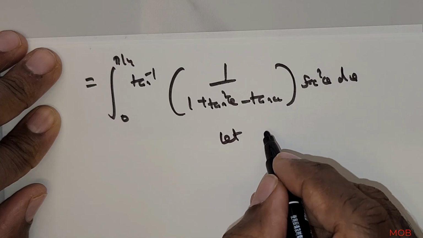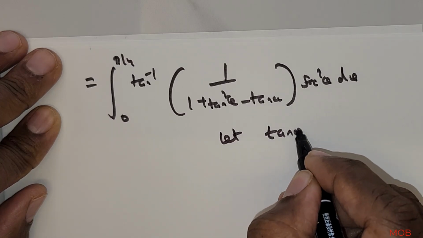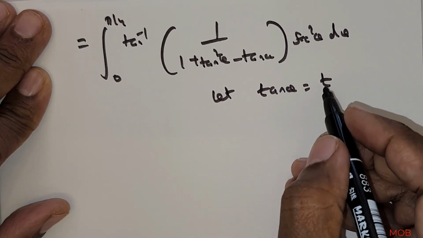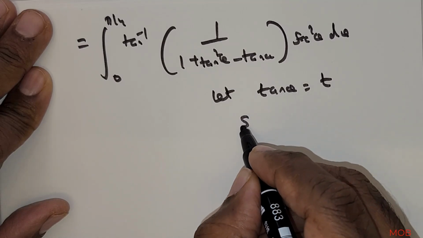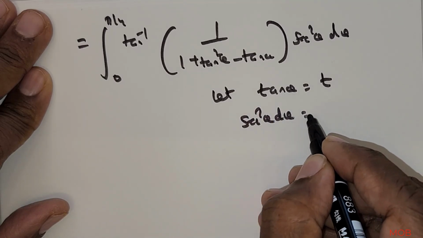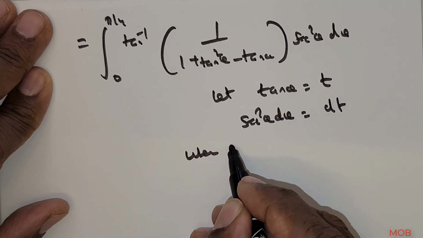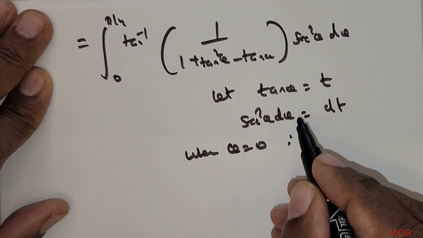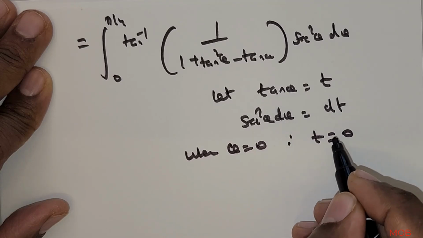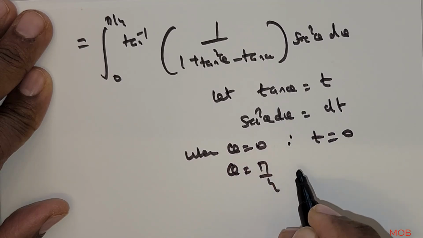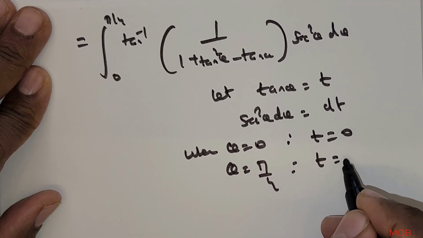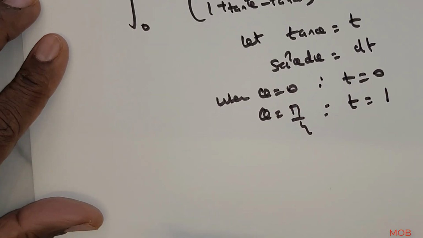Let tan theta be equal to t, and differentiating, secant squared theta d theta is equal to dt. When theta is equal to 0, t will be equal to 0. When theta is equal to pi over 4, t is equal to 1.